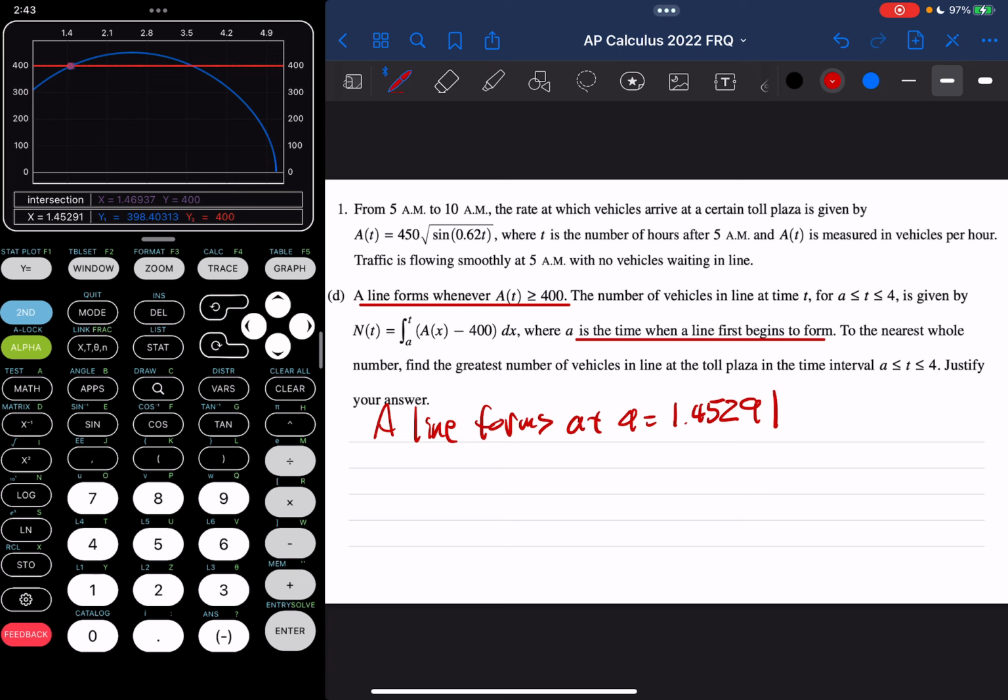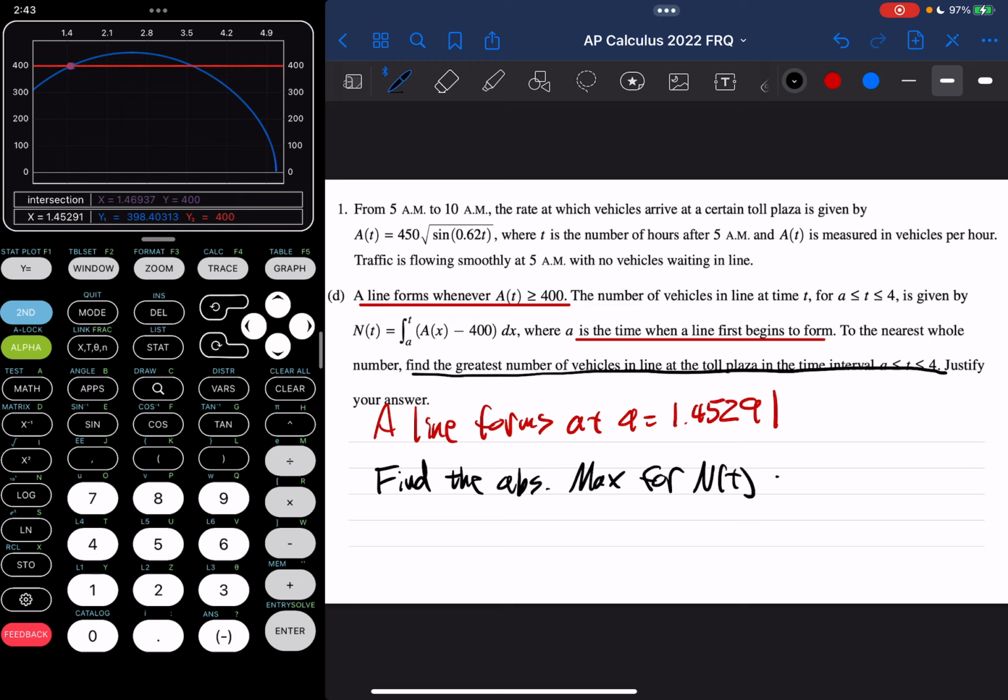All right. Now it says, find the greatest number of vehicles in line at the toll plaza in this time interval. So what it's saying is, find the absolute max for N of t on the interval A, 4.